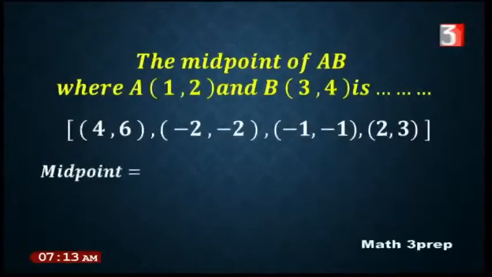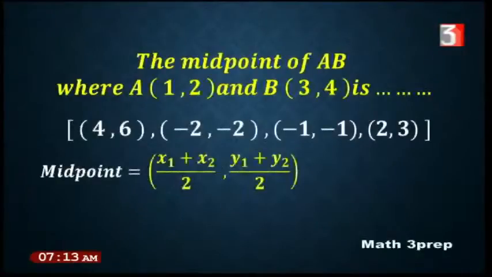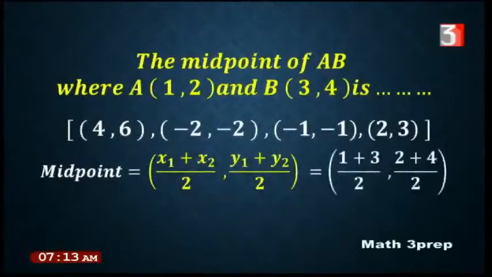The midpoint equals (x1 plus x2 over 2, y1 plus y2 over 2). By substituting, it is (1 plus 3 over 2, 2 plus 4 over 2), to obtain a result of (2, 3), which is considered the fourth choice.